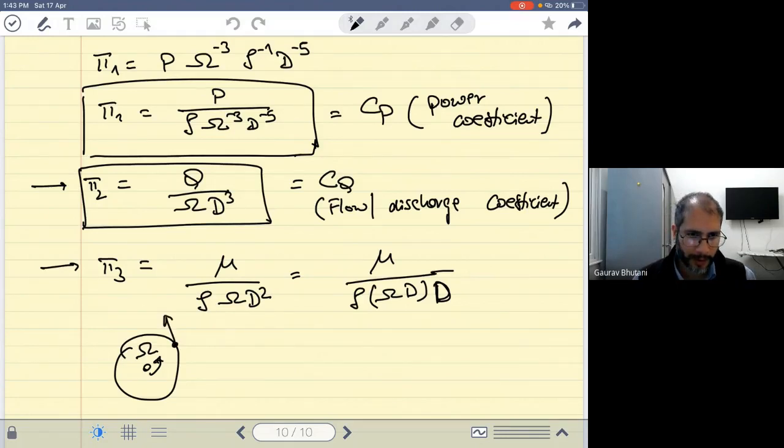Okay, so this is like a Reynolds number: density, velocity of the rotor, and some length scale, which is the diameter of the rotor in this case. So this is some sort of a 1 by Reynolds number.